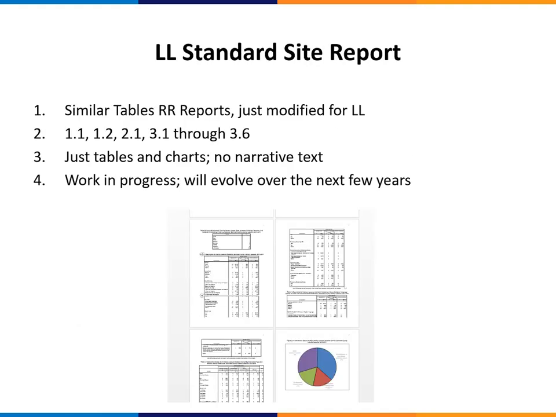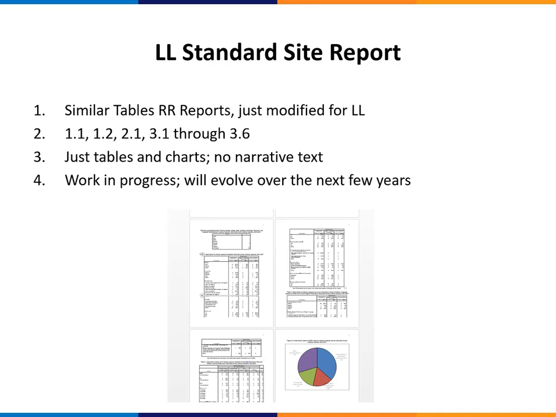Whew! All right, moving on to our literacy lessons site standard report. These would look very similar to your reading recovery reports. They've just been modified for literacy lessons, and they have a similar naming scheme: table 1.1, 1.2, 2.1, 3.1 through 3.6.